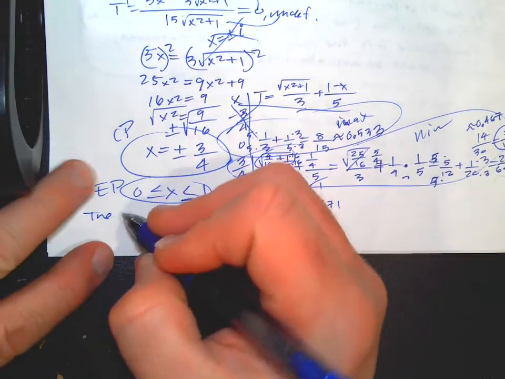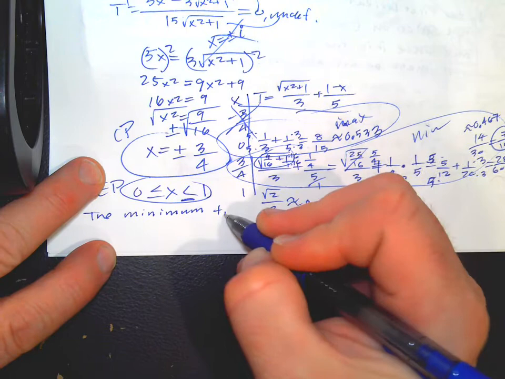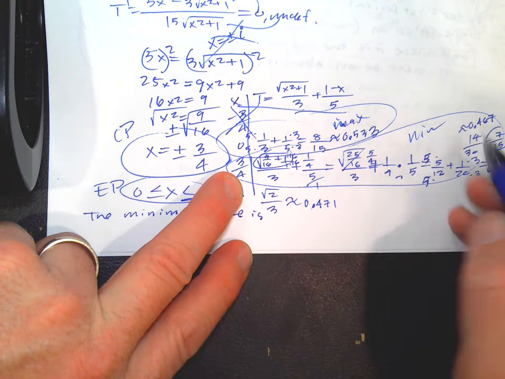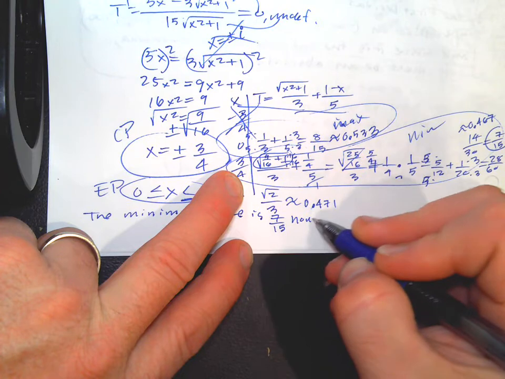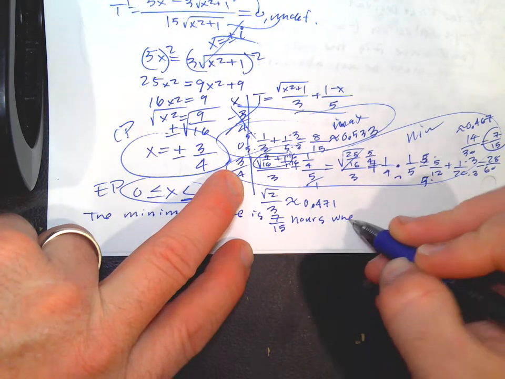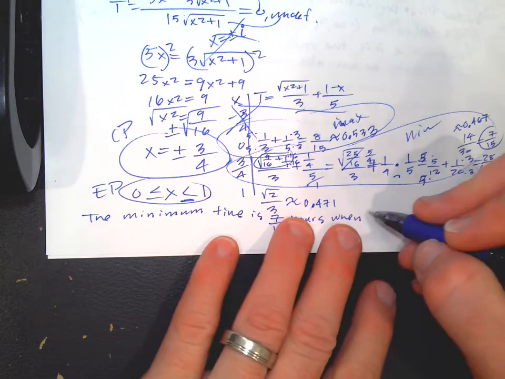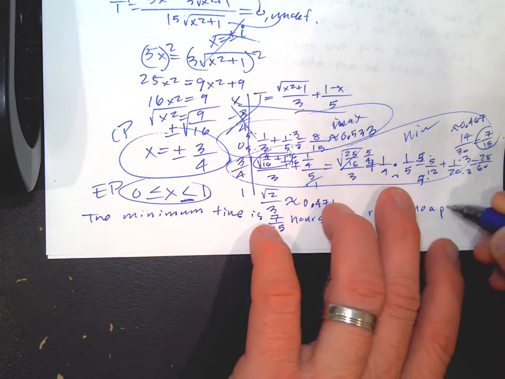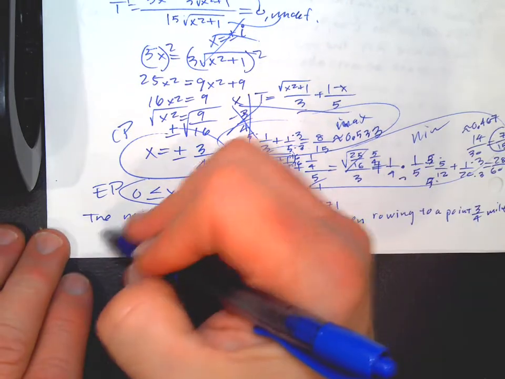So the minimum time, let's go with the exact answer, is 7/15 hours when rowing to a point 3/4 of a mile down the shore.